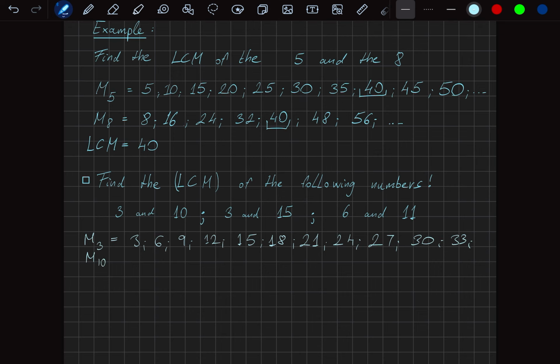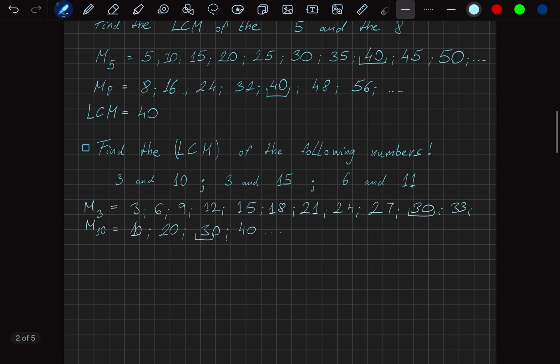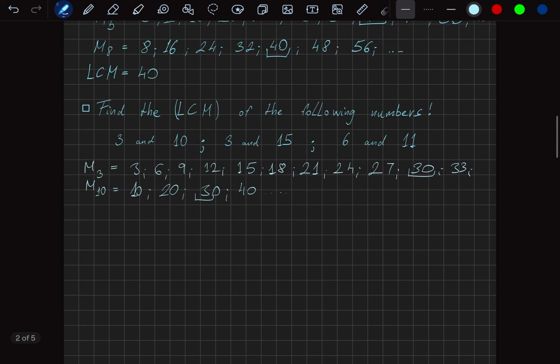Multiples of 10: 10, 20 and 30. I will just write it here because I don't have much space. The common multiple is 30.